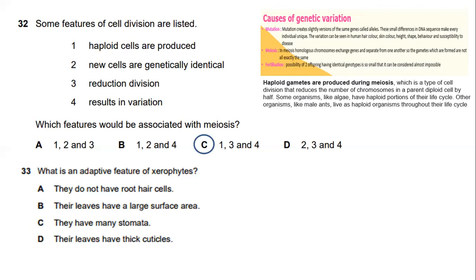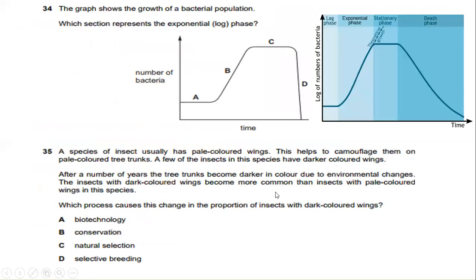Water intake adaptations include widespread roots and high salt content to increase osmosis. Xerophytes have thick cuticles, loss of finely divided leaves, and reduced stomata. So the answer for this is the leaf has thick cuticles.